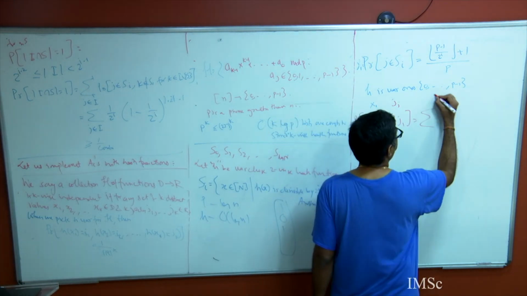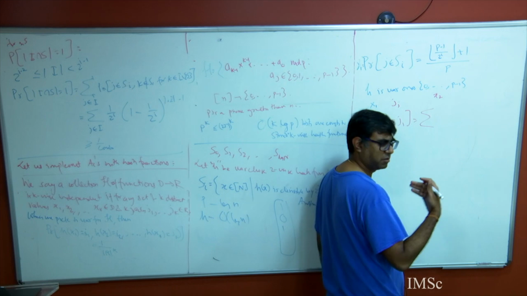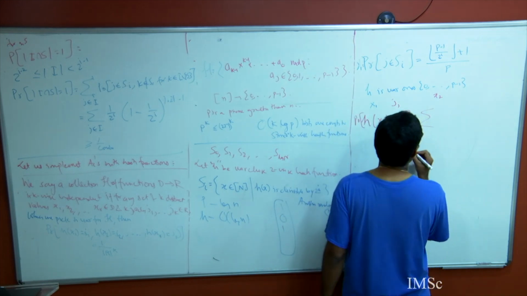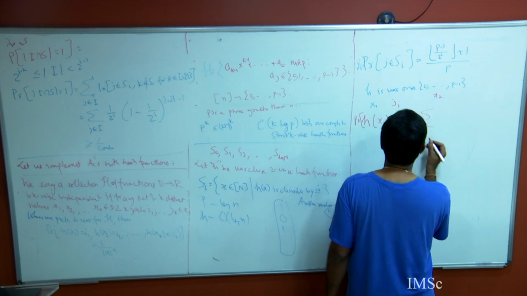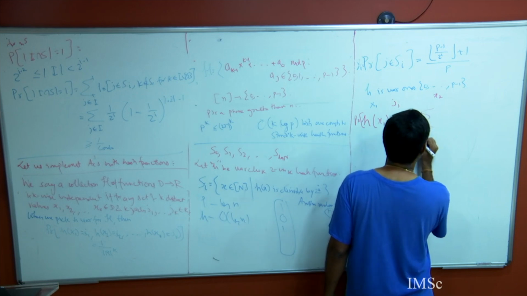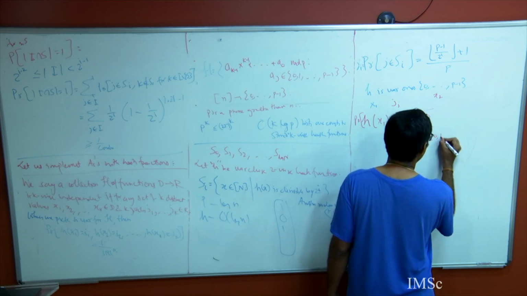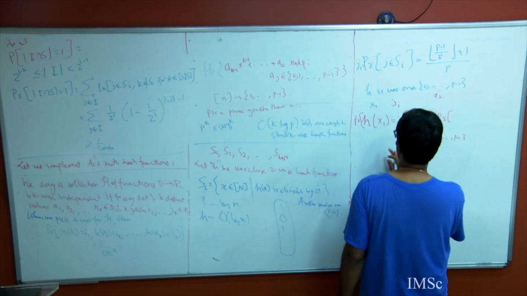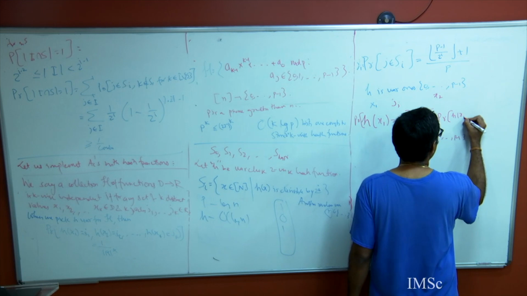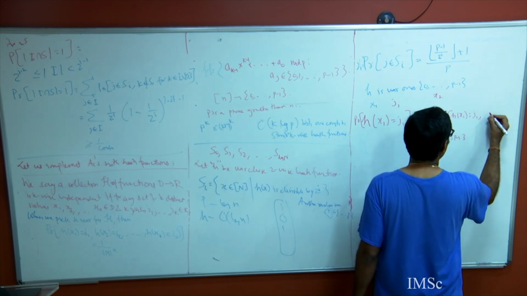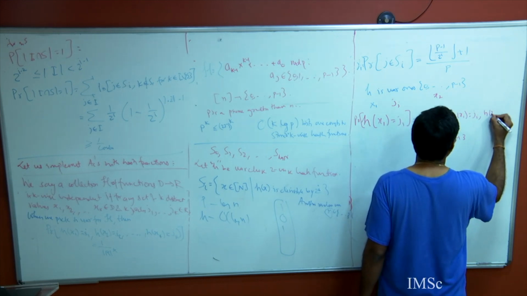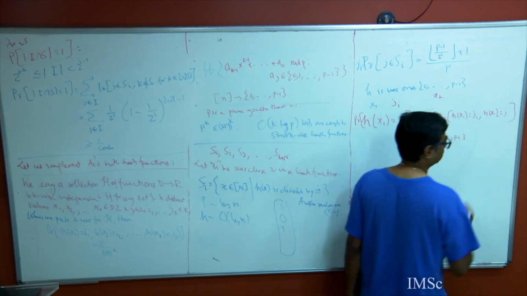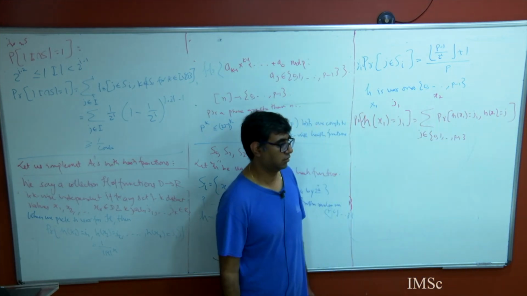Which is the same as: you fix some other x2. The probability, summed over j in 0 to p minus 1, that h of x1 equals j1 and h of x2 equals j. Agree? This is exactly what it is, right?